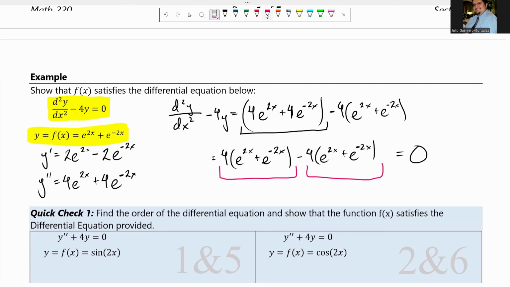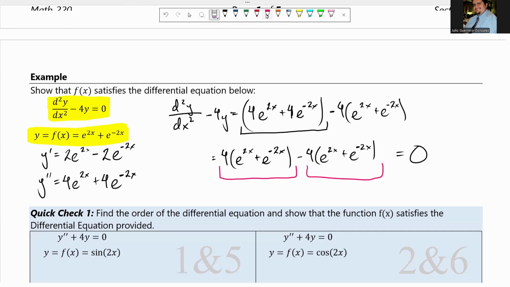For this example, all I did is grab both of those solutions and add them together, and I produced an entirely different function that also satisfies the differential equation. It turns out this is a pretty big result once you get up to differential equations: if you have two distinct solutions to a differential equation, then the sum of the solutions is also a solution. Whoa. Actually, it's the sum or difference.